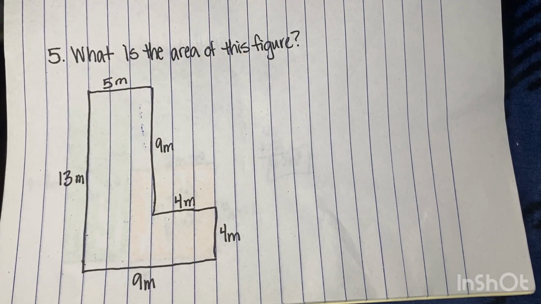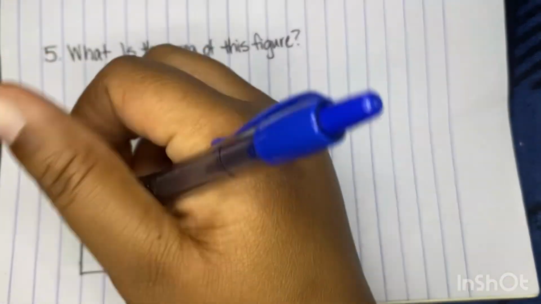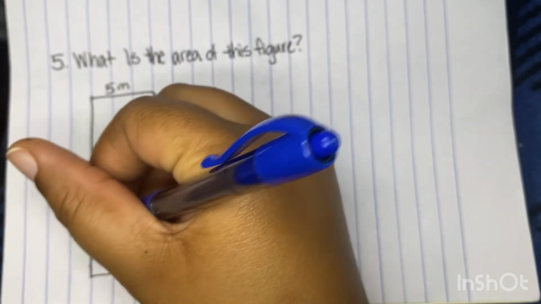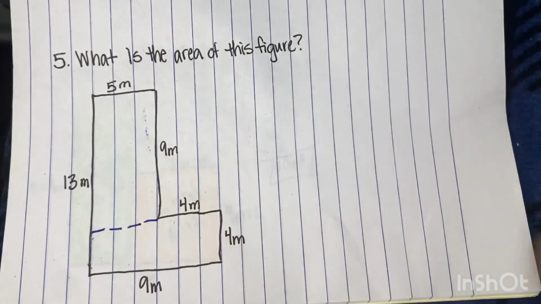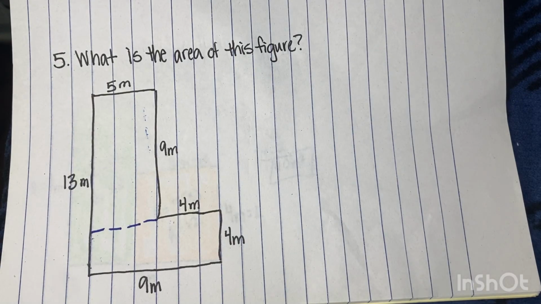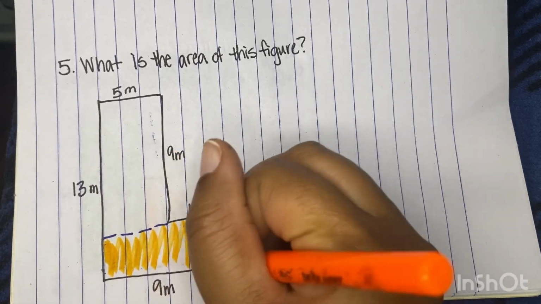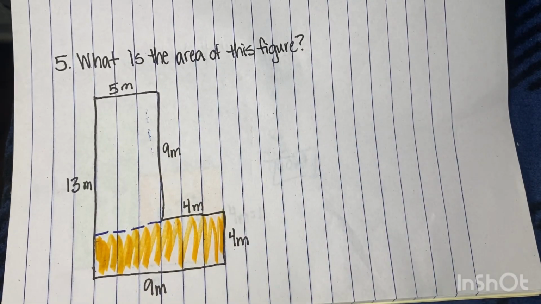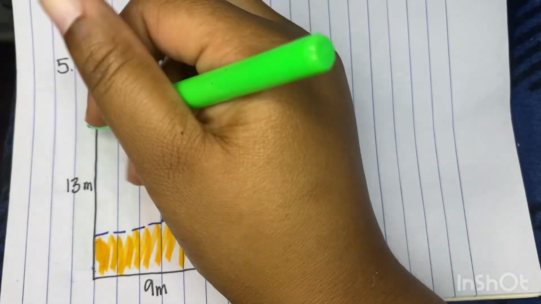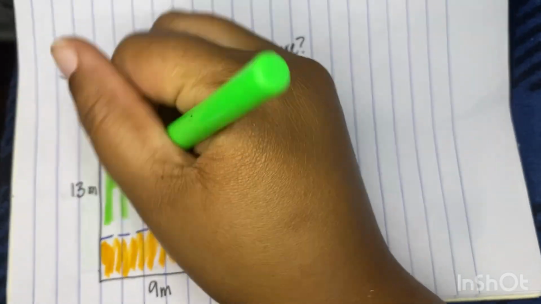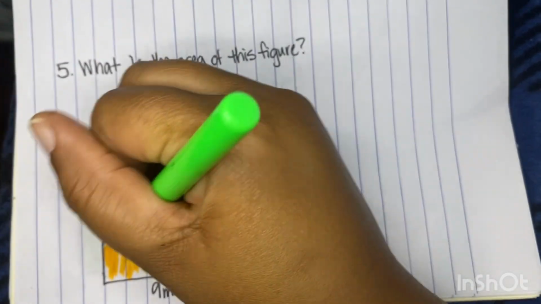Okay, number 5. What is the area of this figure? Alrighty, so I'm going to cut this horizontally like this. So I'm going to cut my shape into 2 like that. And so I'm going to focus on this bottom rectangle, and then I'm going to focus on this green rectangle up here, we're going to color it green.